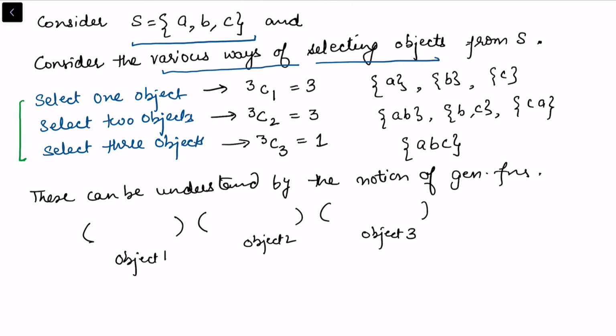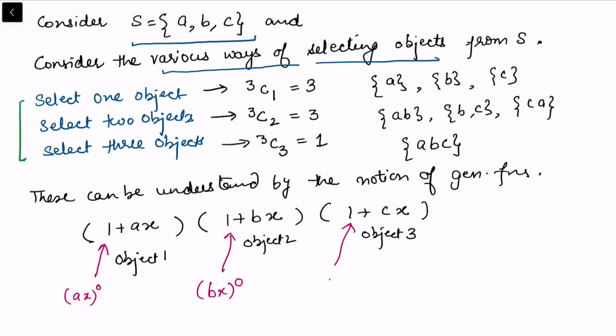In these I'm going to write (1 + ax), (1 + bx), and (1 + cx). What does this generating function mean? If we look closely, the 1 is actually ax raised to the power 0, this one is bx raised to the power 0, and this one is cx raised to the power 0.